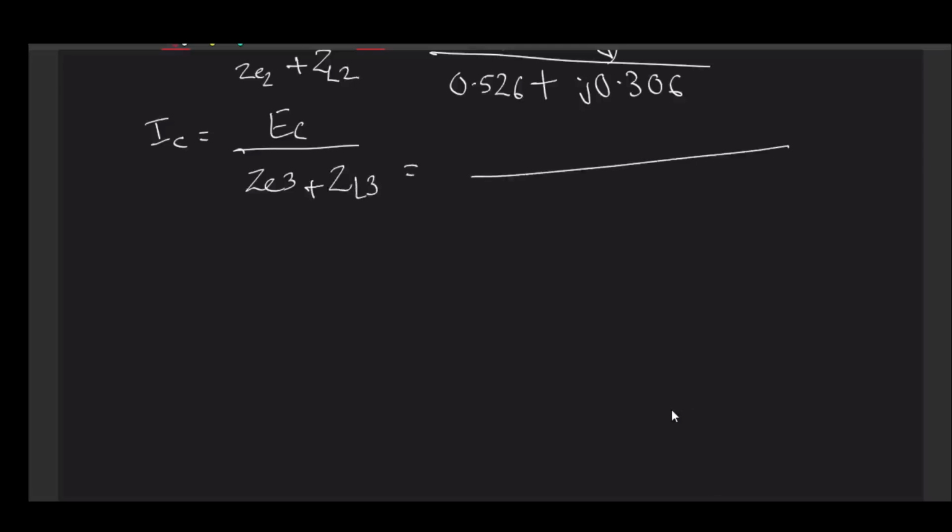So that would be 300 minus X minus JY divided by... the problem is that this book is by an American author and they have the ACB sequence, not the ABC sequence.